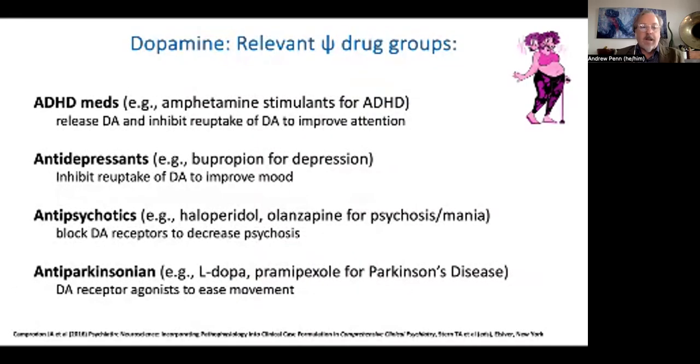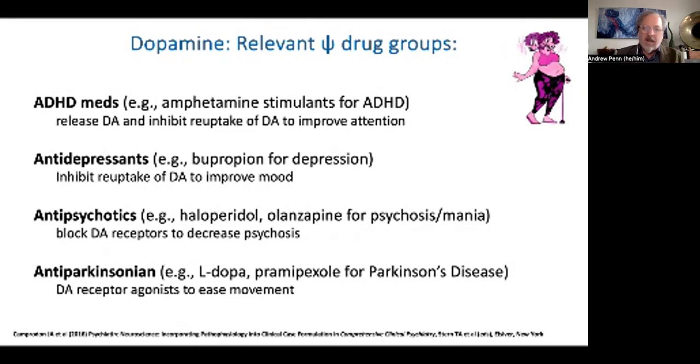As I mentioned, many of our ADHD meds are going to influence dopamine, such as the amphetamines, both by causing it to be released and preventing it from being taken back up into the presynaptic terminal. Some of our antidepressants, such as bupropion, do work somewhat on the dopamine transporter or dopamine reuptake, two words for the same thing.